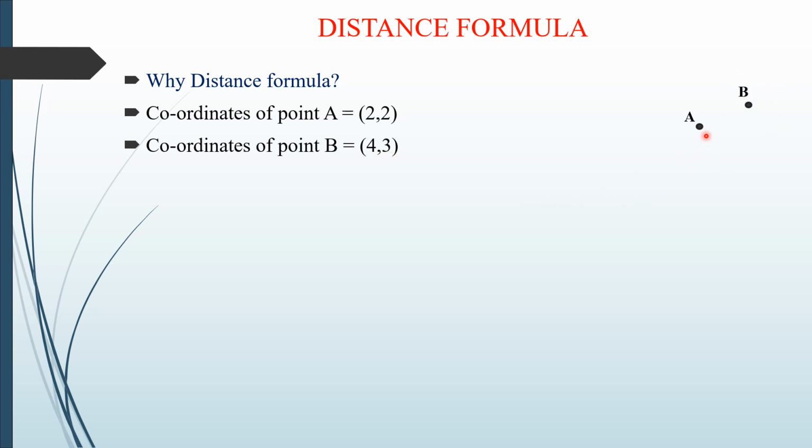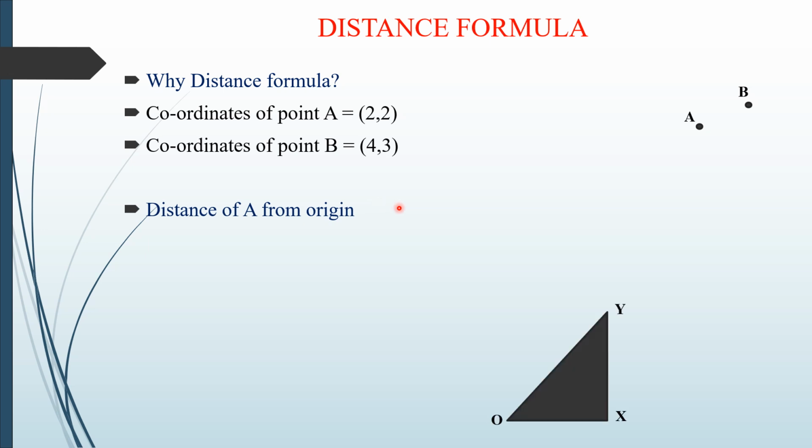Now if I tell you to measure the distance of this point A from the origin, the origin's coordinates are (0, 0). Suppose this point A is present at this location, which means its x-coordinate is 2 and y-coordinate is also 2.